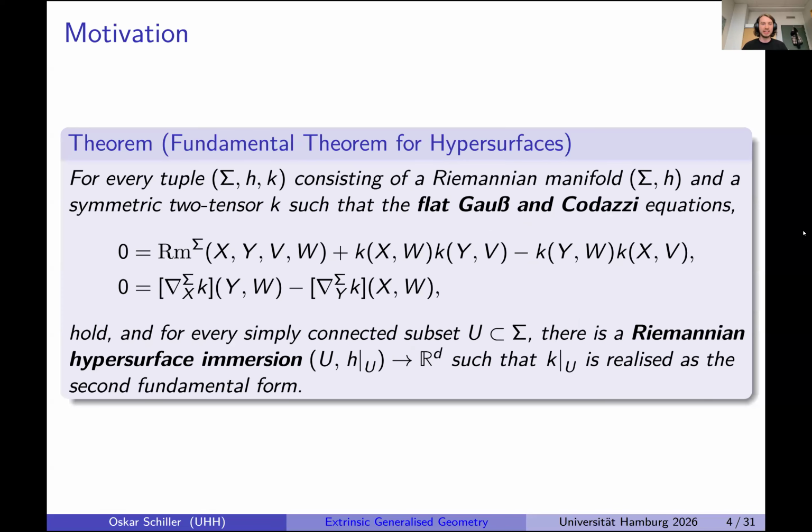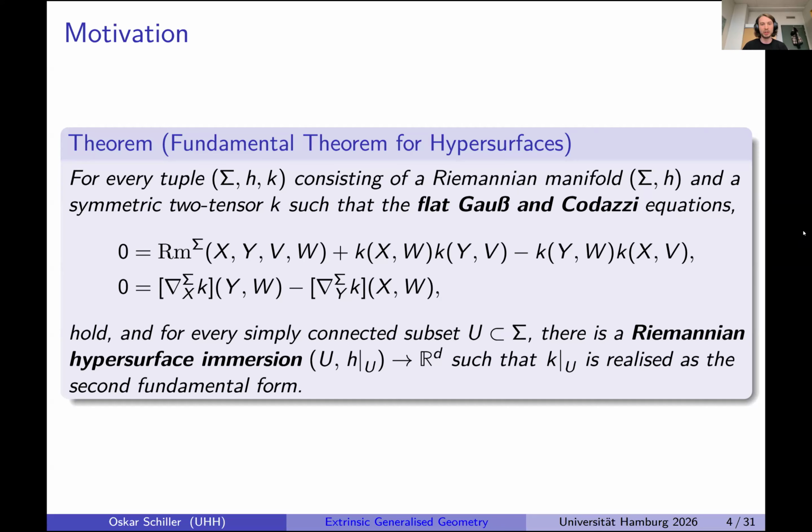And also, you have this result, the fundamental theorem for hypersurfaces, which tells you that the Gauss and Codazzi equations really capture all aspects of a flat ambient geometry. Namely, it tells you that if you have this abstract data, just a Riemannian hypersurface equipped with a symmetric two-form K, such that it satisfies these flat Gauss and Codazzi equations, so these are the equations from before, just assuming that the ambient Riemann tensor vanishes, you can realize this data as a Riemannian hypersurface in a flat ambient space.